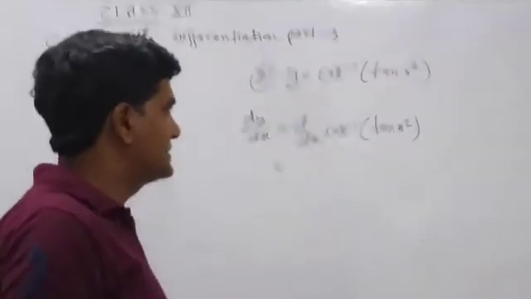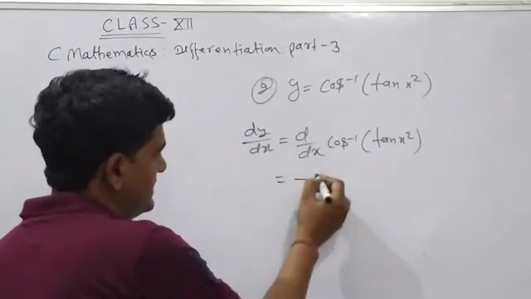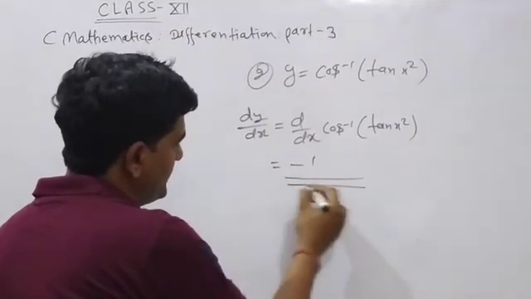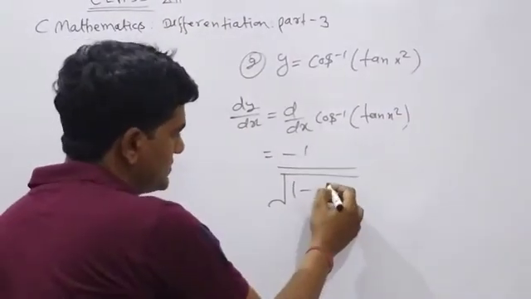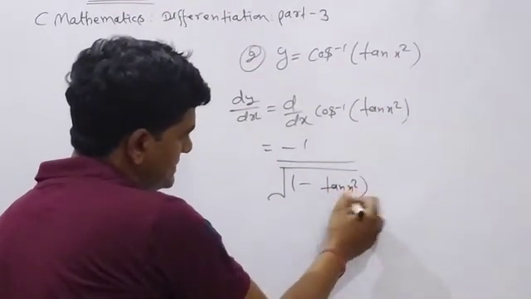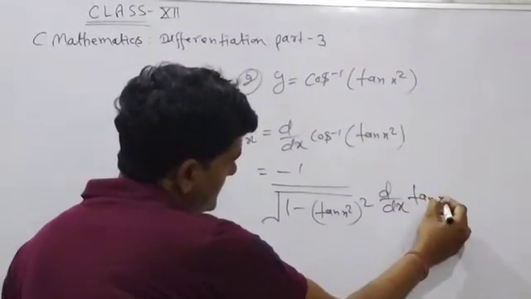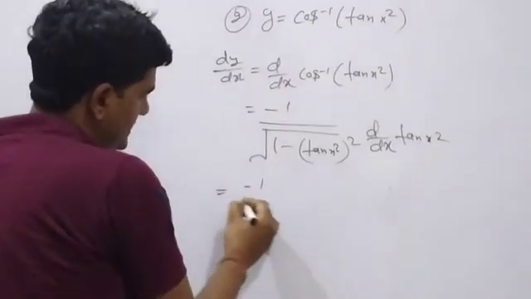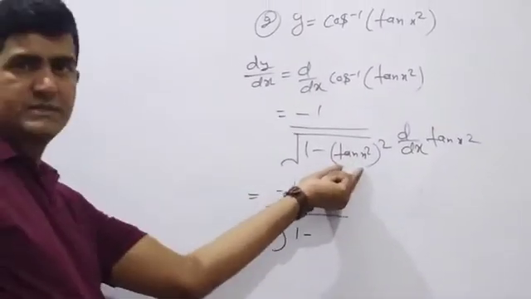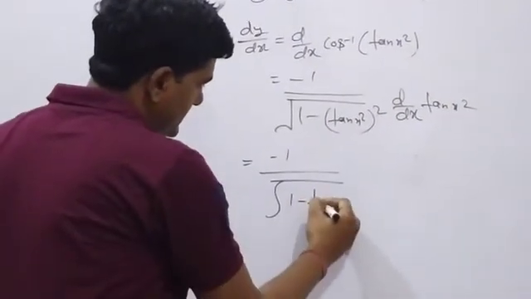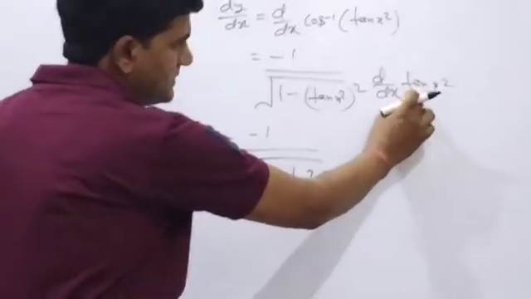What is the differentiation of cos inverse, suppose x? Minus 1 upon under root 1 minus x square, meaning (tan x square) whole square, again the differentiation of tan x square. Clear? Minus 1 upon under root 1 minus tan square x square, into the differentiation of tan x square.